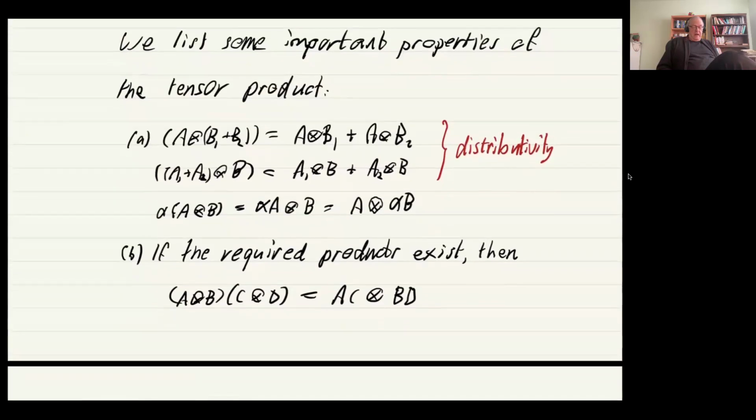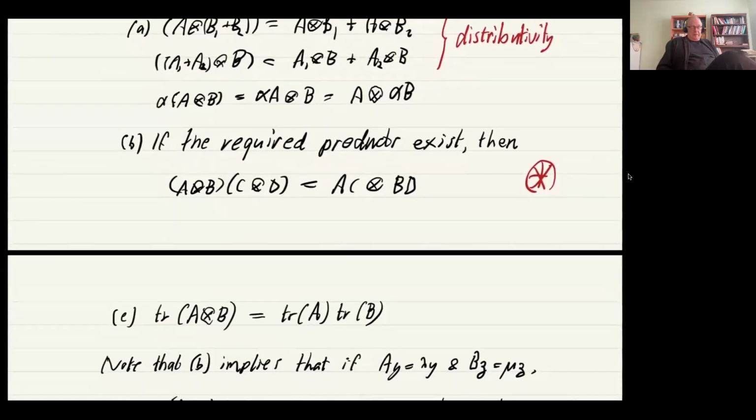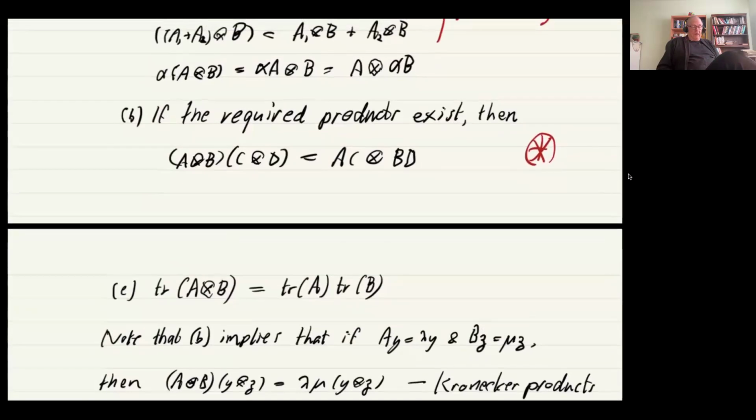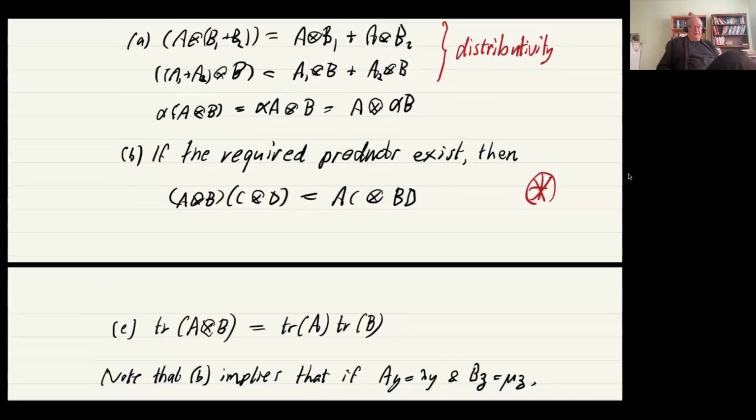An important property worth giving is that, assuming the required products exist, the product of A tensor B with C tensor D is AC tensor BD. Since I'm listing the properties, the other useful one is that the trace of A tensor B is just the trace of A times the trace of B. This is dead easy. You can see there are lots of ways. None of these are difficult.